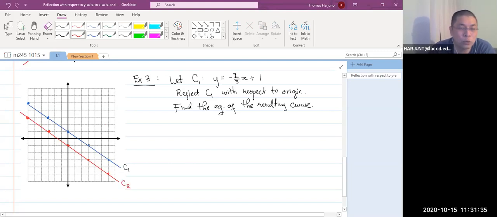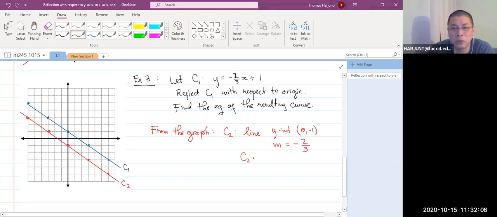Now look at C2. What is the equation of C2? From the graph, C2 is a line with y-intercept (0, -1), and the slope is negative 2 down, run 3, right?